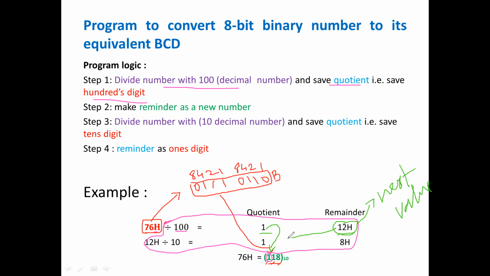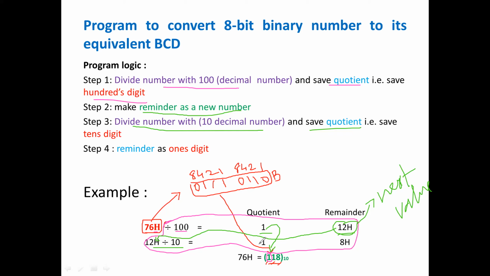Here, you are going to take the remainder value and once again divide it by 10. And save the quotient.